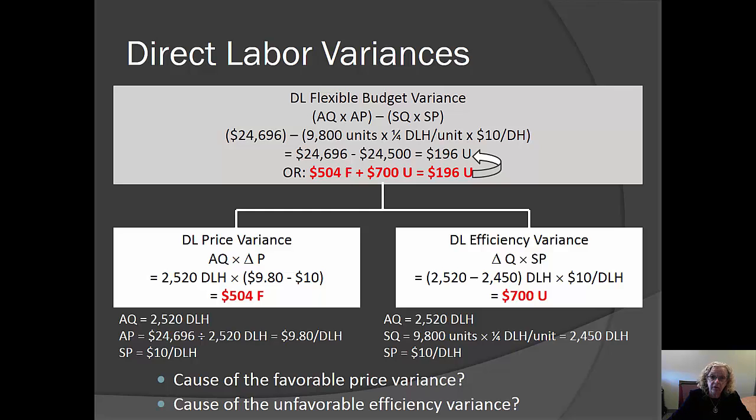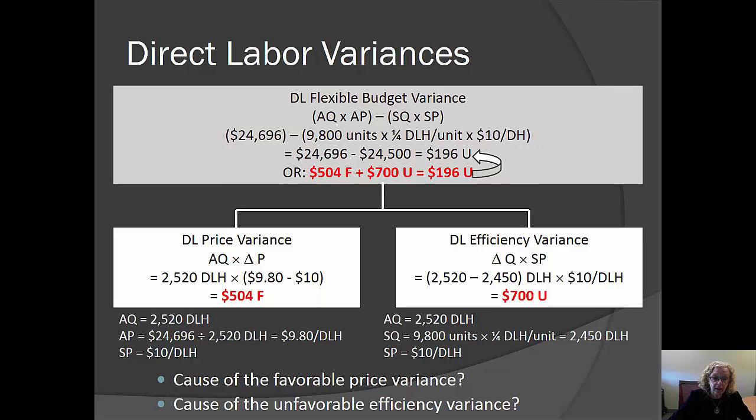So that total flexible budget variance has been completely explained by the effect of paying a different amount than we expected, plus the effect of using a different amount than we expected.